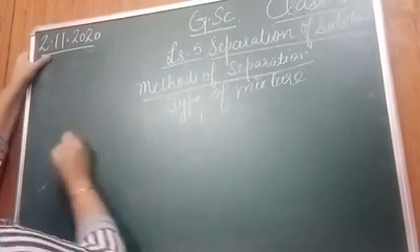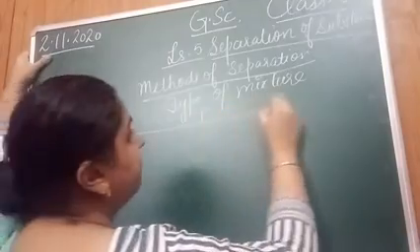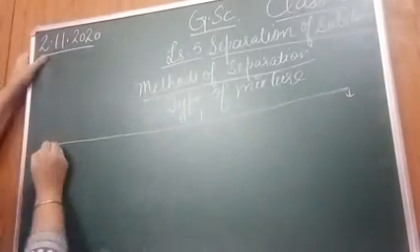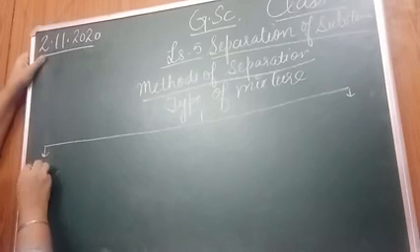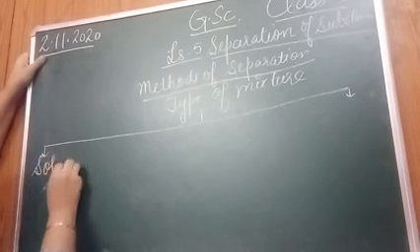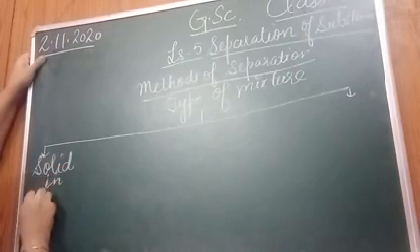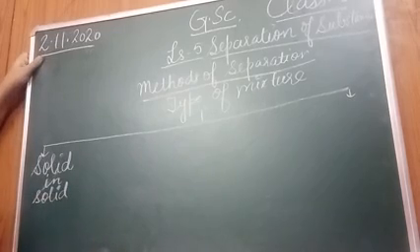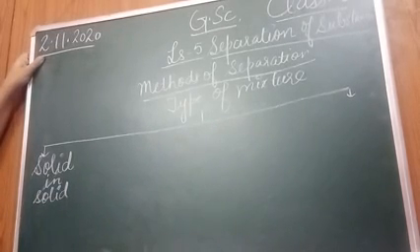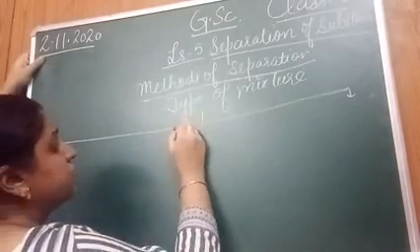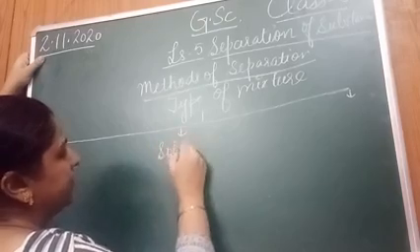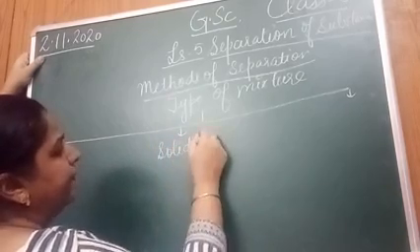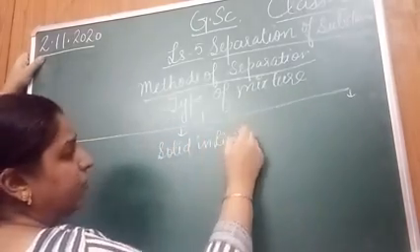What are the types of mixtures that are found in nature? For example, solid in solid means the mixture is of what? Solid is in solid, right? Then there is another type of mixture, solid in liquid.